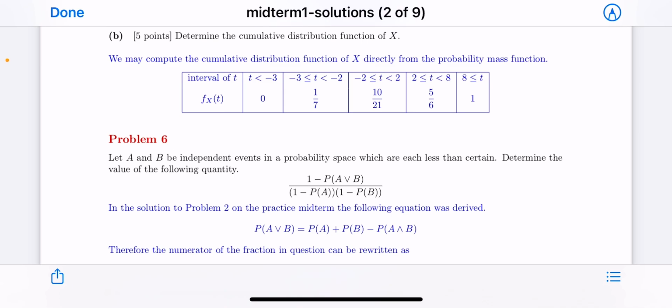So, there's a lot of equations that have appeared in the lecture notes and the practice solutions, and I can't necessarily give you a super clear idea of how you're supposed to realize that this equation is the relevant one.